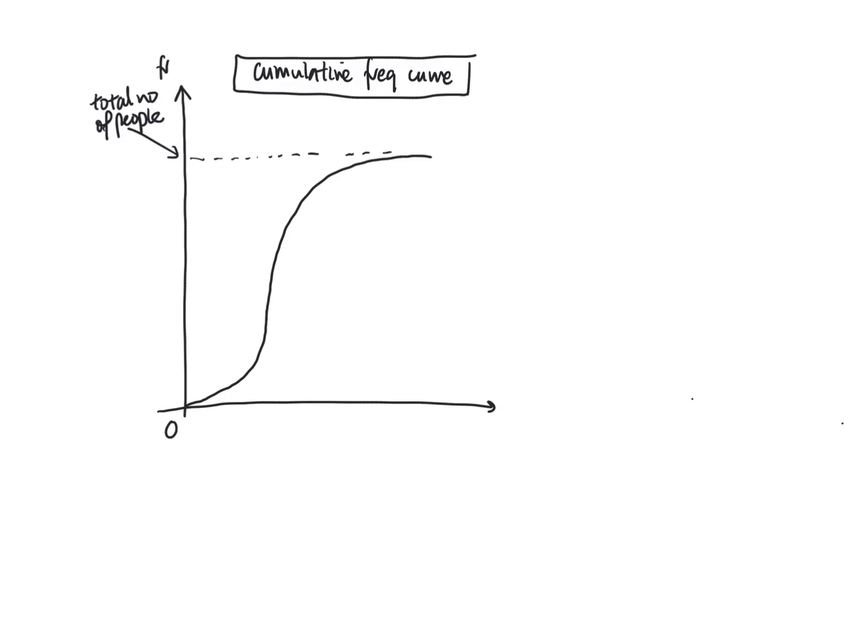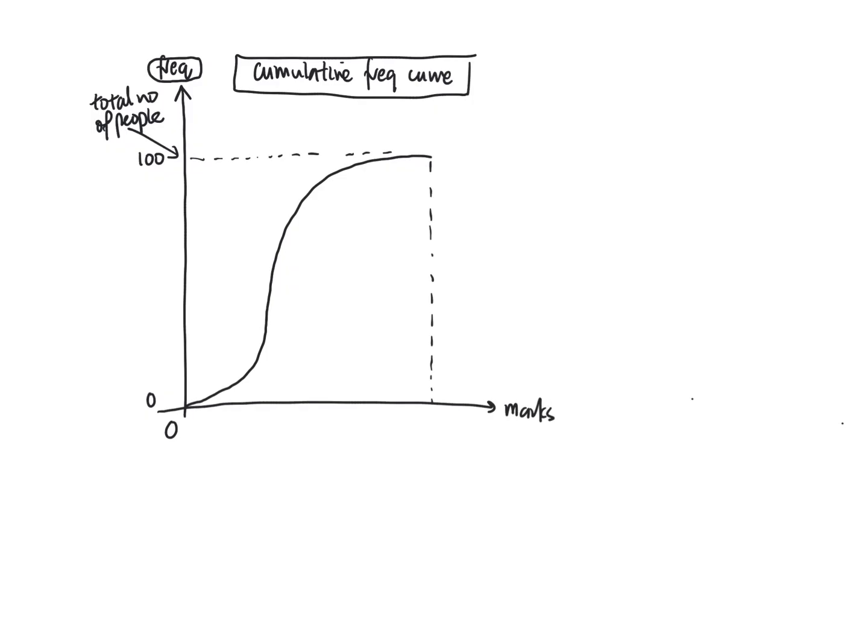The vertical axis is always frequency. It tells you the number of people for a certain category. In this case, let me make it 100 so that it's easy to count. And then this, depending on what we are talking about, maybe I say this is your marks for math.